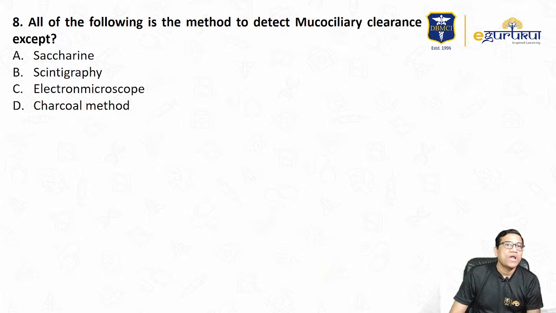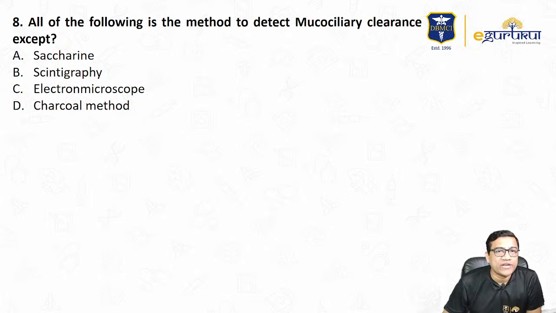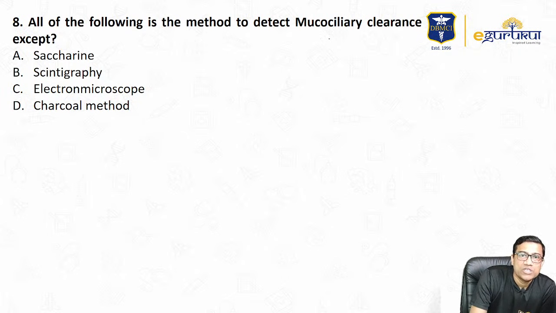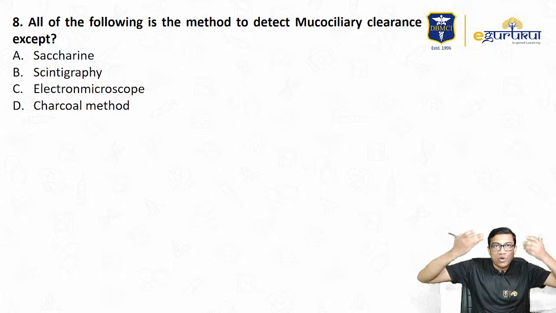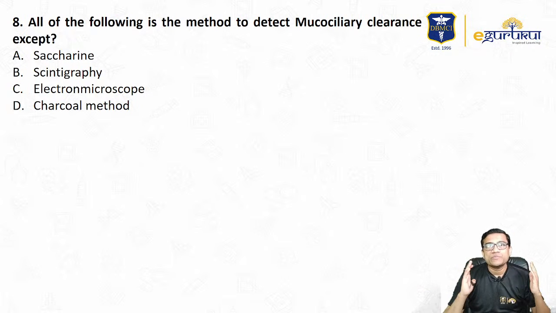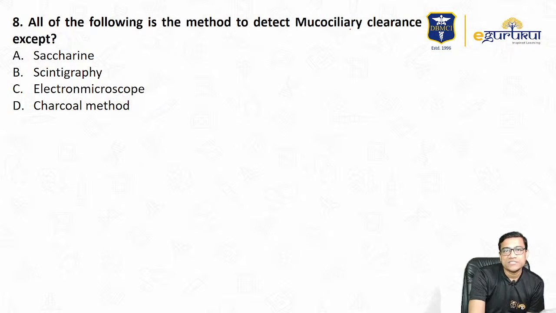You can check it. All of the following is a method to detect mucociliary clearance. Okay. This is a topic which we teach, not in terms of testing, but only in terms of the effect. So this is very important. Why? Because this ciliary clearance helps the mucus go to the upper airway and then you cough it out. So it's a protective mechanism against foreign particles, and it is damaged in smokers, and that is a very common part of chronic bronchitis, cystic fibrosis.